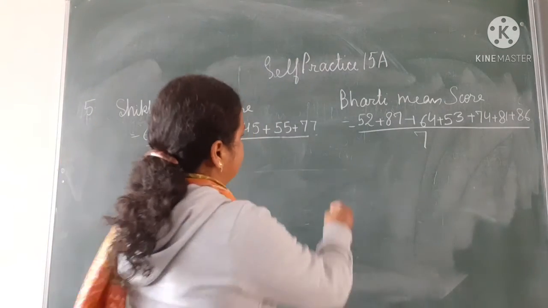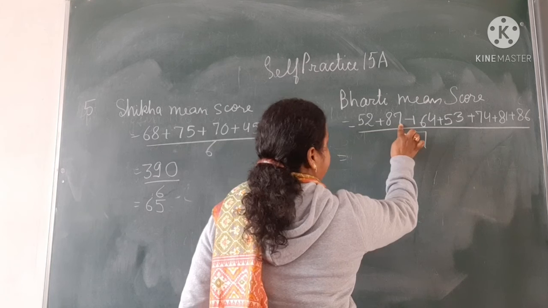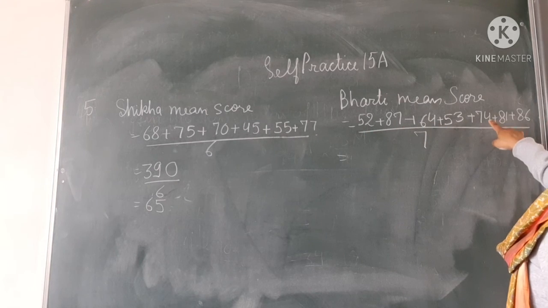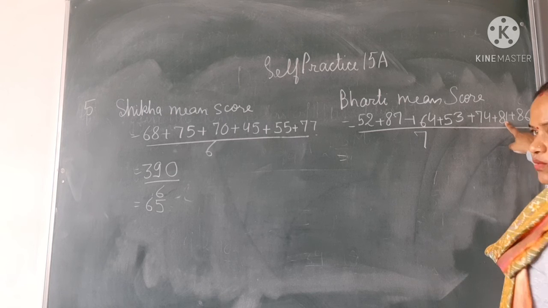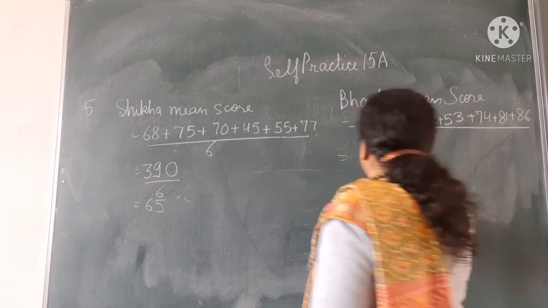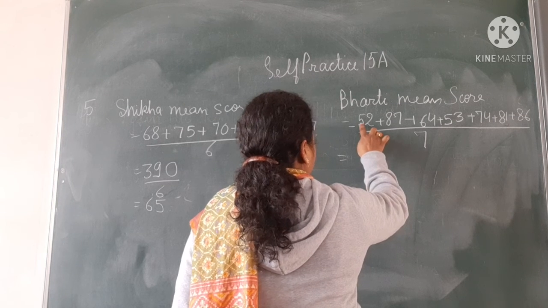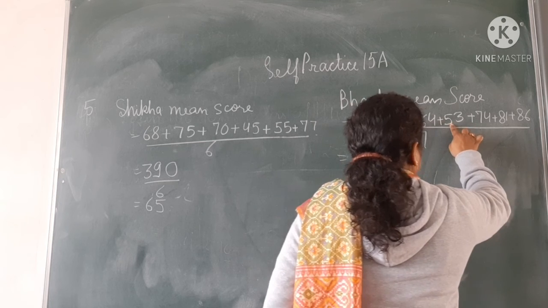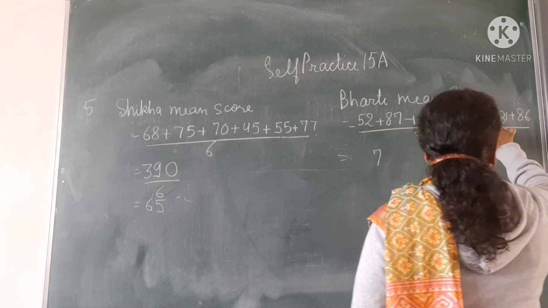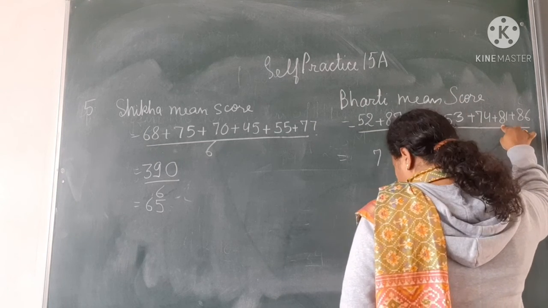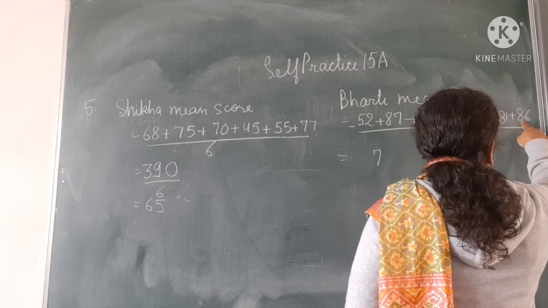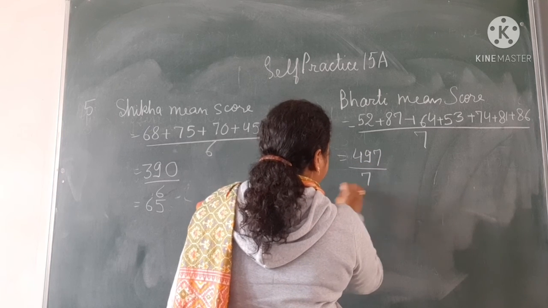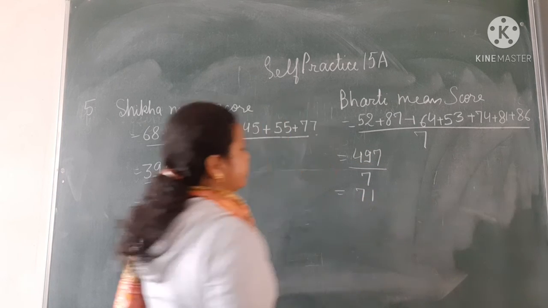Now 7 plus 2 is 9, 9 plus 4 is 13, 13 plus 3 is 16, 16 plus 4 is 20, 20 plus 1 is 21 and plus 6 is 27. Carry 2. 5 plus 2 is 7, 8 is 15, 15 plus 6 is 21, 26, 26 plus 7 is 33, 33 plus 8 is 41, 41 plus 8 is 49. 497 upon 7 which is equal to 71.